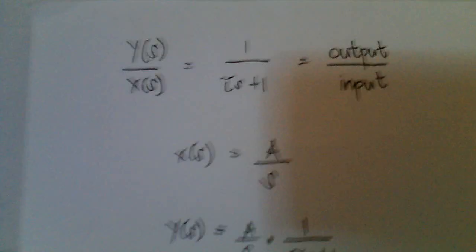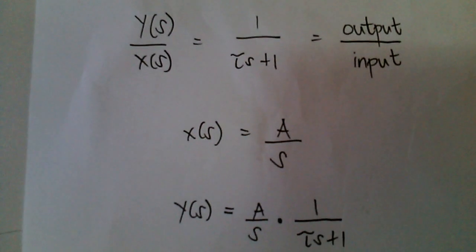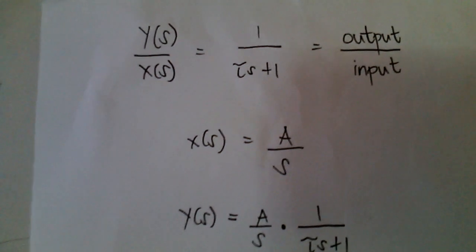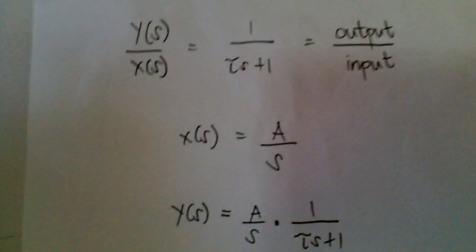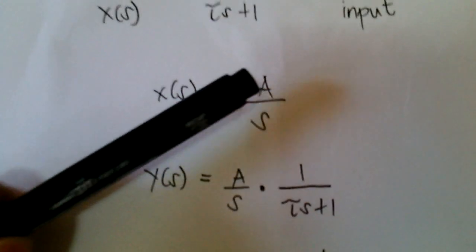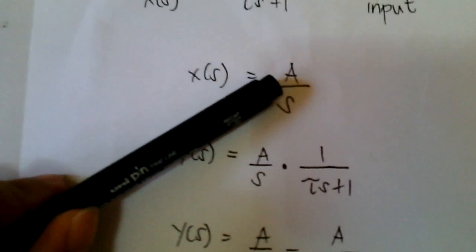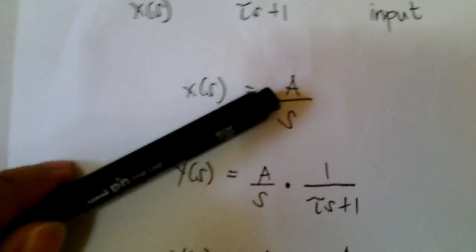So in our problem, we have a step change of magnitude A. So X(s), the input in deviation form, equals A/s, and we substitute this into the equation.